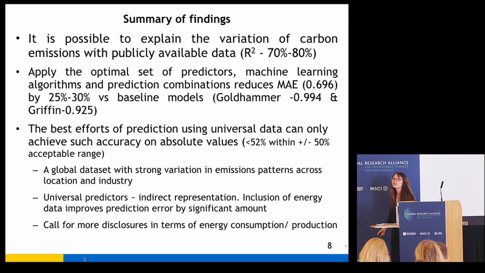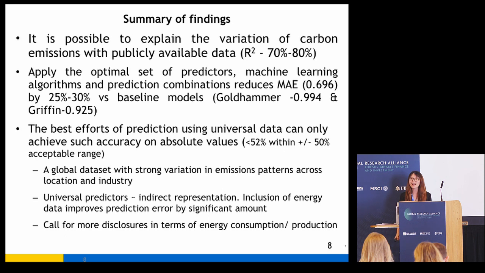We see that if we apply an optimal set of predictors, a variety of machine learning algorithms, and if we try to combine models together, we can see an improvement in prediction accuracy of as much as 25% to 30% compared to the baseline model.